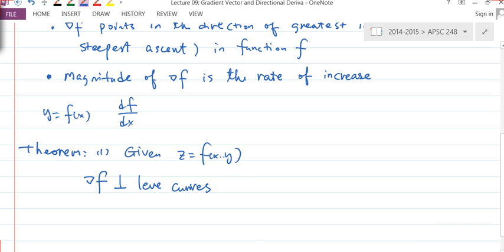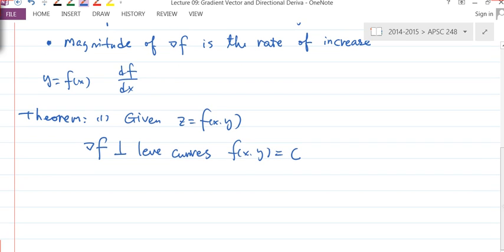A level curve is when you slice the surface with a plane z equal to c, you get a curve, and you project that curve onto the xy plane, so you get a cluster of curves called the contour. So the gradient vector is always perpendicular to the level curves.